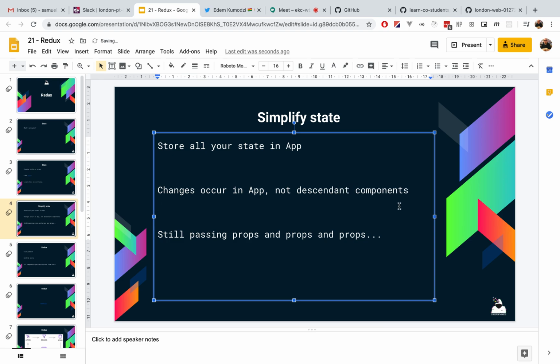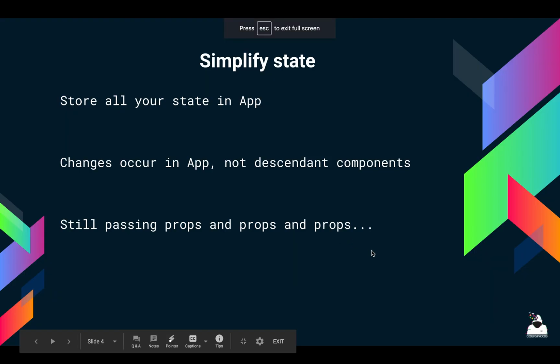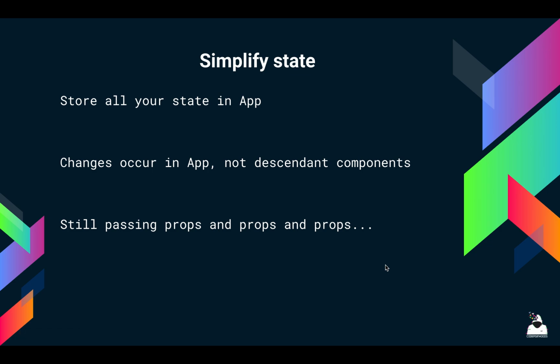It's bad now that computers spell check everything. I don't know how to spell at all. Okay, so changes all occur in your app component, or whichever component is highest up, and it stores absolutely all of the state about all different parts of your app.